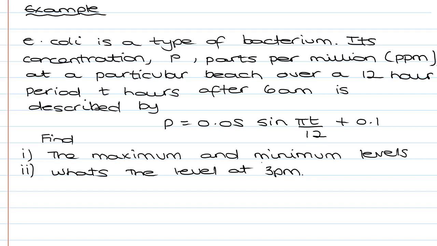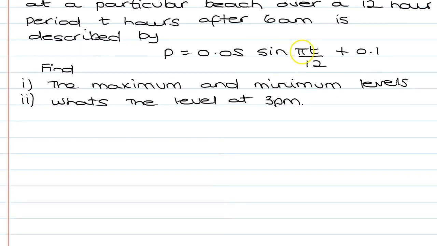As stated a moment ago, to find the maximum point, we can substitute the sine function. The bit that's attached to the sine is this, so we're going to replace all of this bit with 1 to find the maximum. So P equals 0.05 multiplied by 1 plus 0.1.